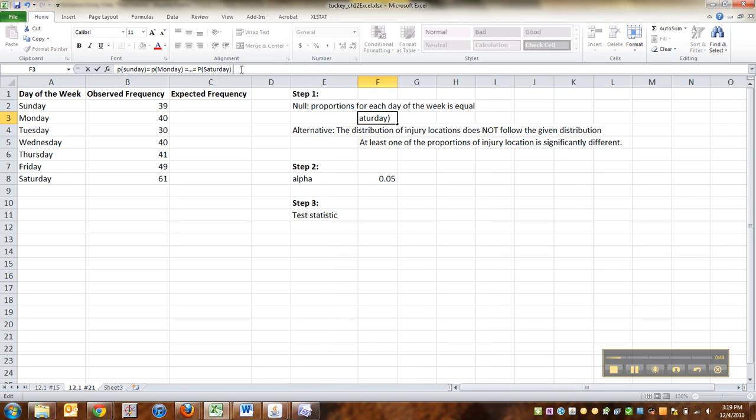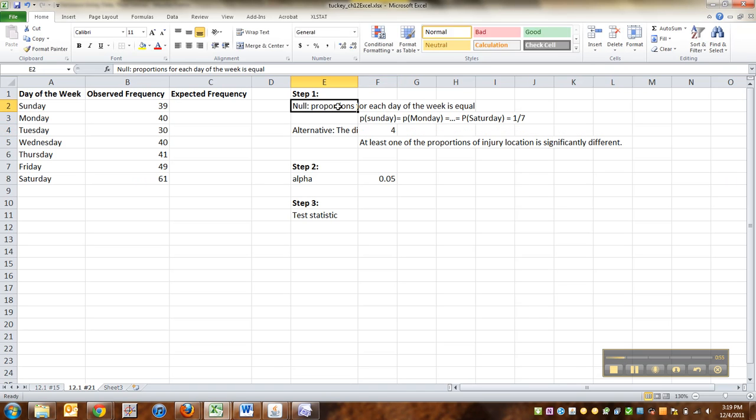So the null hypothesis is that the proportions for each day of the week are equal. All right, and then they would all be equal. Well, if they were all equal, there's 7 days in the week, so it'd be equal to 1/7. So I think it's proportions are equal. There we go.